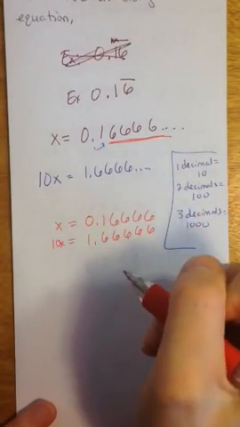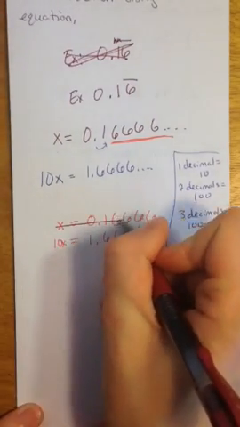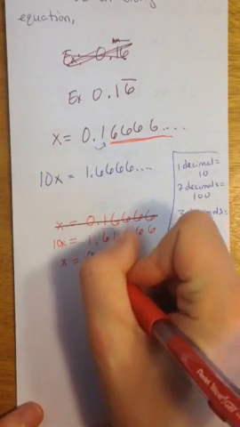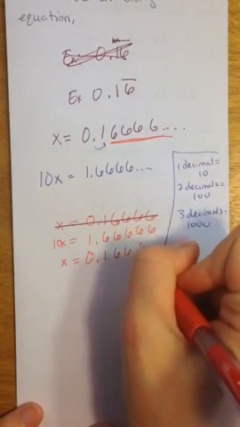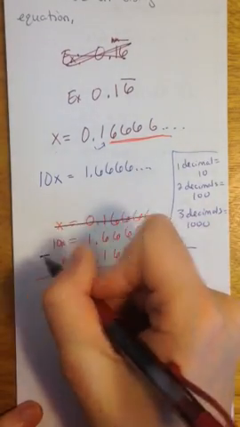And then I'm going to subtract these two equations, and actually I should write the bigger number down below, so I'm actually going to write this one below here. Sorry about that.